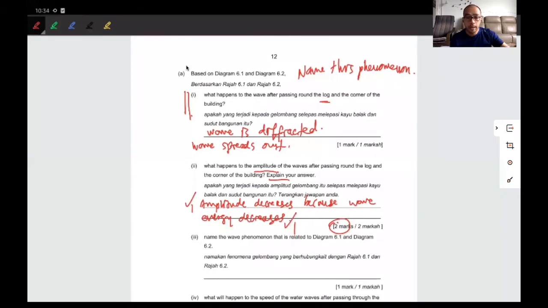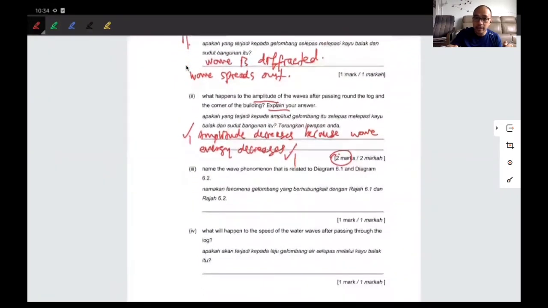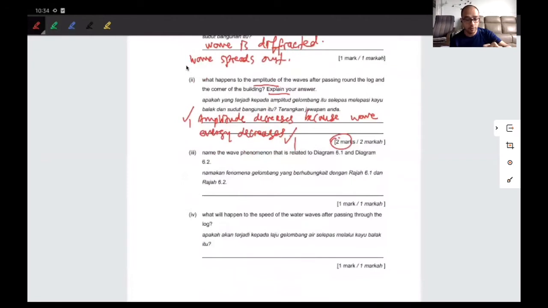Name the wave phenomenon. Finally, they tell you to name the wave phenomenon, and this is a bonus question because you've actually already answered it in the first question. The wave diffraction. What will happen to the speed of the water waves after passing through the log?